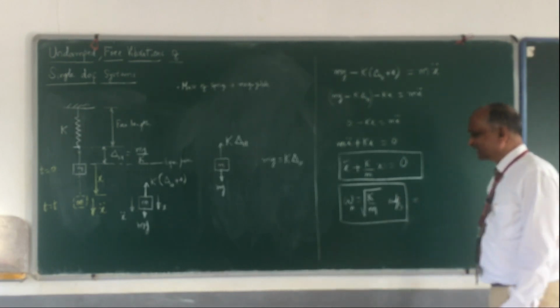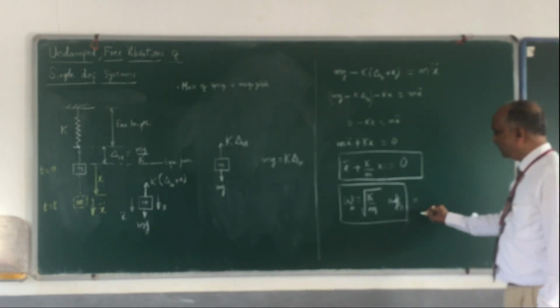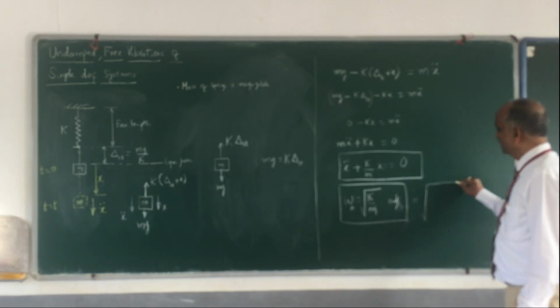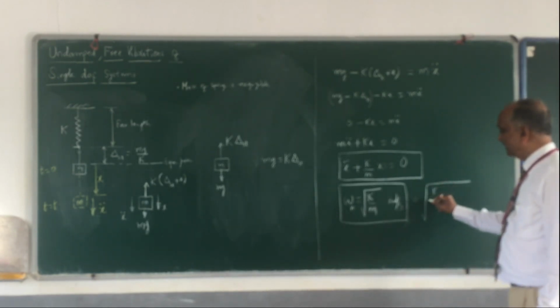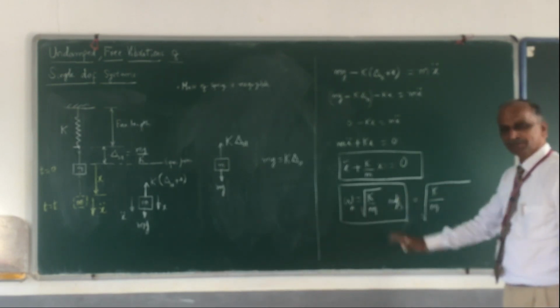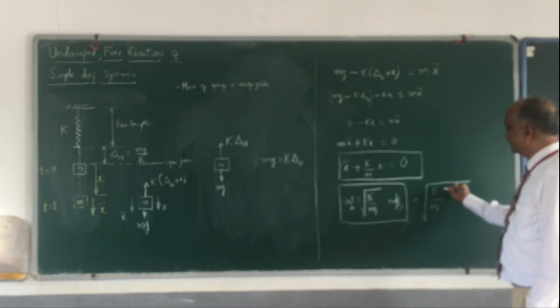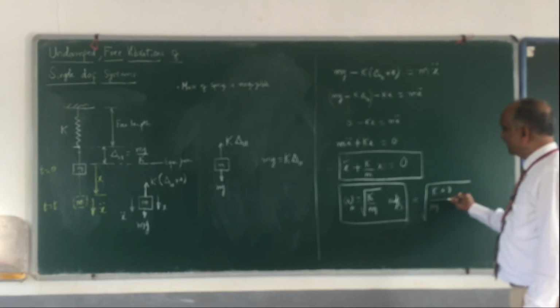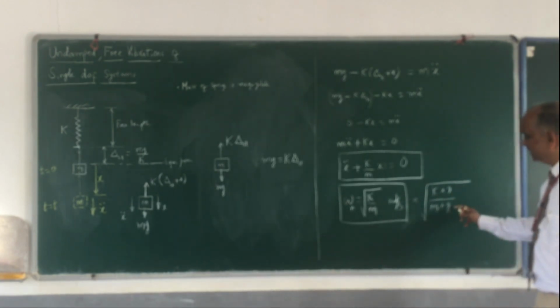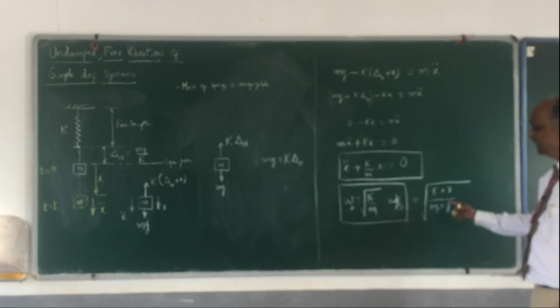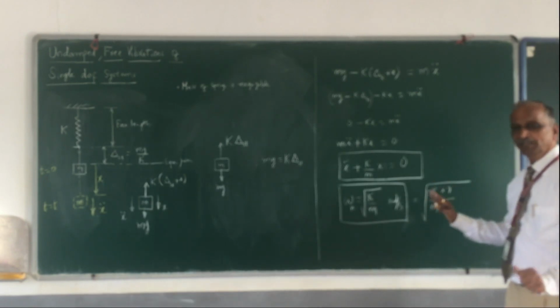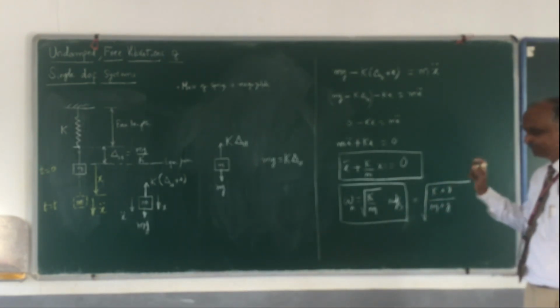The same thing I can slightly modify, or sometimes use in a different form. k divided by m as it is. I shall multiply it by g and divide it by g also. g cancels and it is the same thing. I am multiplying the numerator and the denominator by the term g.